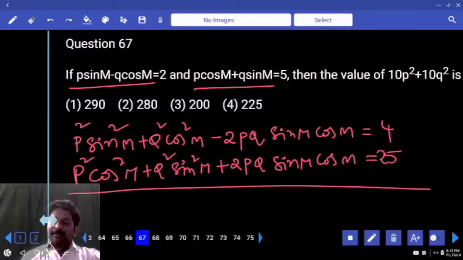When you add both, minus 2pq sin m cos m and plus 2pq sin m cos m both get cancelled.